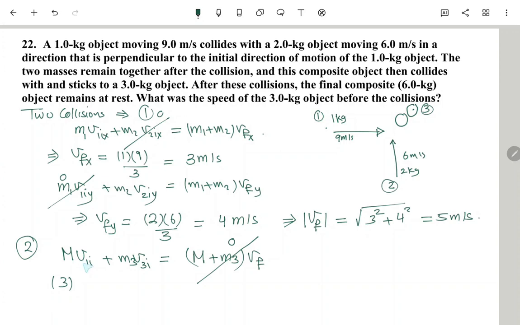The initial velocity for the second case is actually the final velocity for the first case, times 5, plus the mass for object 3, it's equal to 3 times V3 initial, this whole thing equal to 0. Upon simplifying this, V3 initial will be equal to minus 5 meters per second.